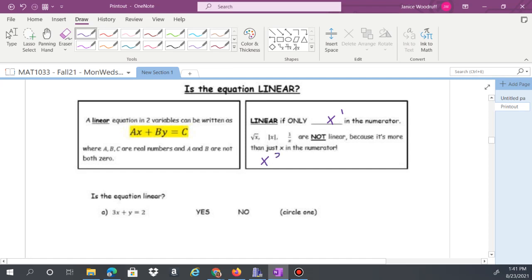Exponents, x squared, x cubed, etc. Those are not linear. And negative exponents also. So x to the negative 1 and negative 2 are not linear. Fractional exponents, x to the 1/2, also not linear. So just an x by itself.